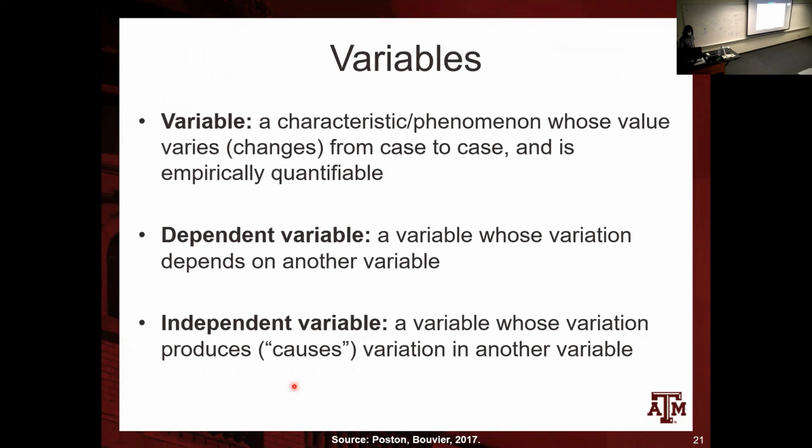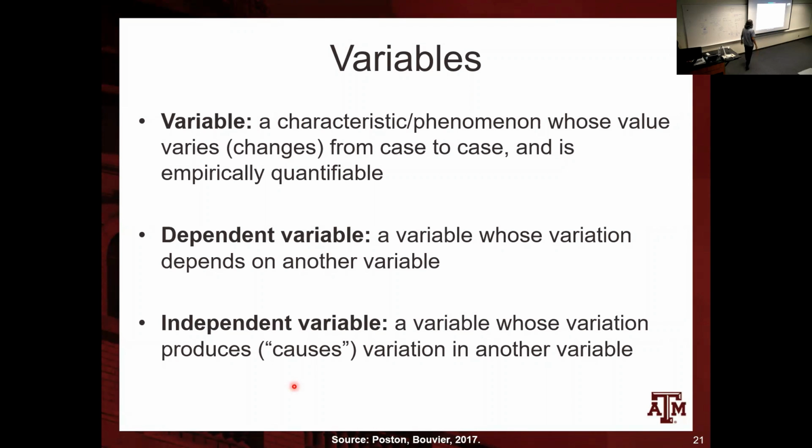This next slide is just explaining that. A variable is a characteristic whose value varies from case to case, and we can collect it from the people and quantify it. We usually group variables into two different kinds, a dependent variable and an independent variable. A dependent variable is a variable whose variation depends on another variable. It's the result of all the characteristics of my unit of analysis.